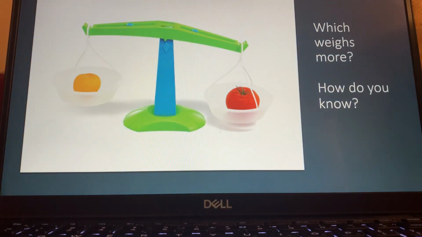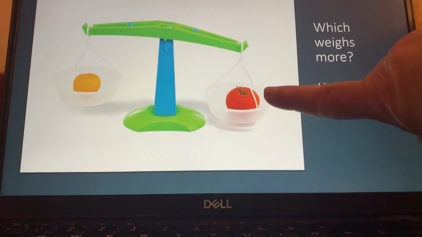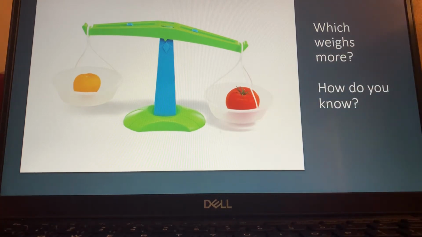So this picture, it says which weighs more and how do you know? Looking in the picture on the right side, there is a red tomato. And on the left side, there is a yellow tomato. They look like they're about the same size. But since we cannot hold them, we can look at the balance scale to see which one is heavier.